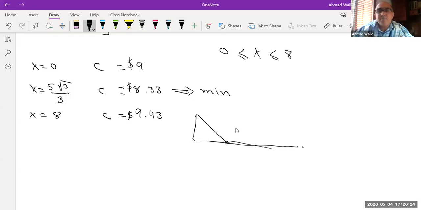You may tell me that, look, it's not that big a difference between 9 and 8.3, or between 9.43 and 8.33, but think about billions. Think about a real distance, not 8 kilometers. You can save millions and millions of dollars, or you can lose.